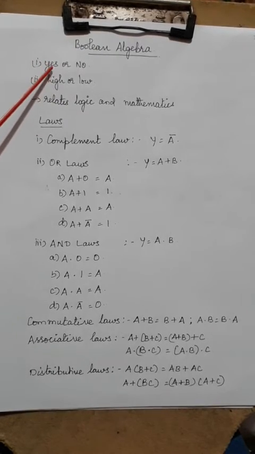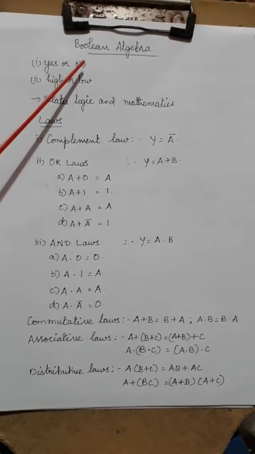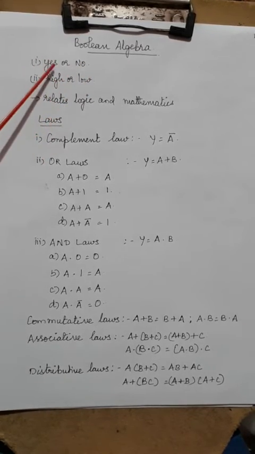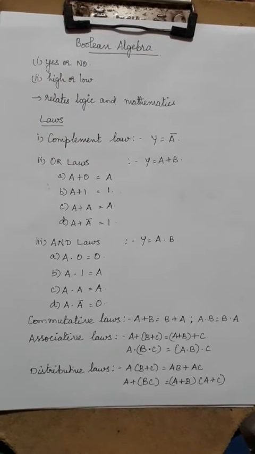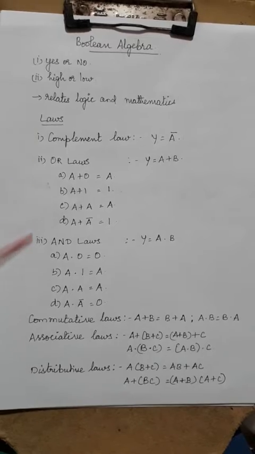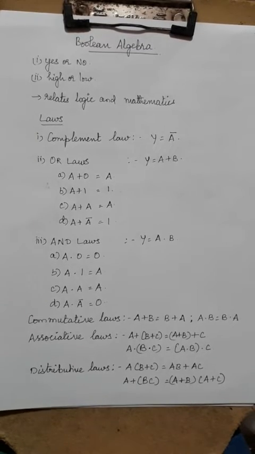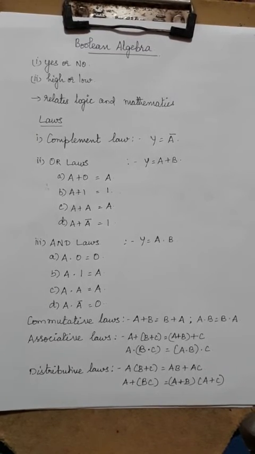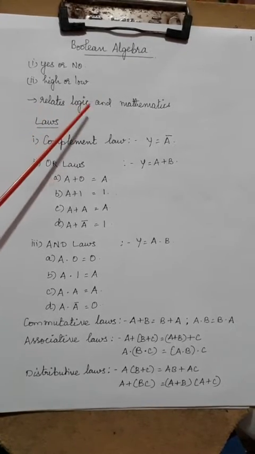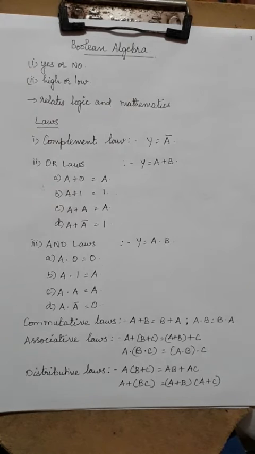Yes is nothing but 1 and no is nothing but 0. But that gave you only yes or no alone, and there were a lot more computations which had to be done. So there were some laws which were stated. That is what we are going to deal with today in detail, wherein it relates logic and mathematics.